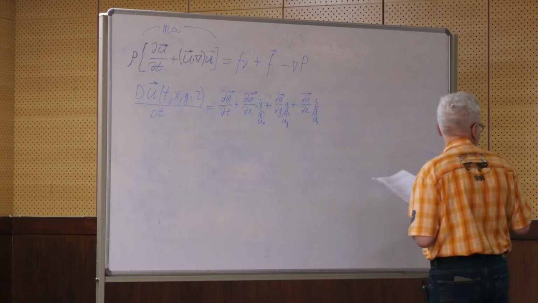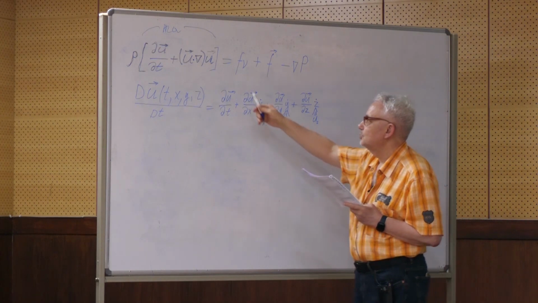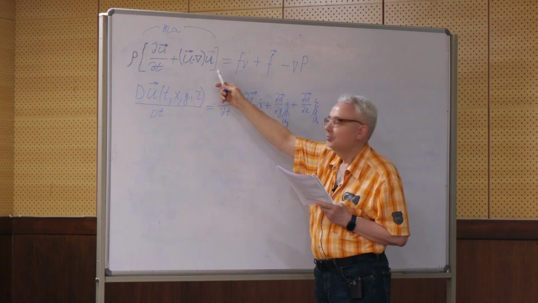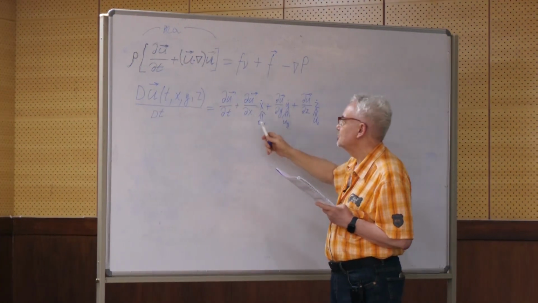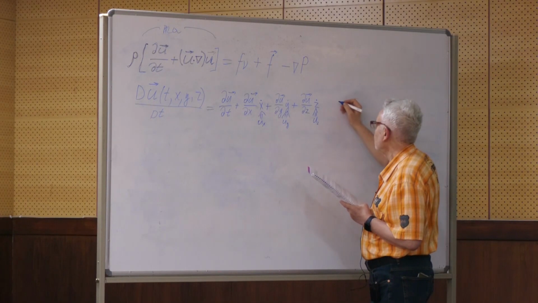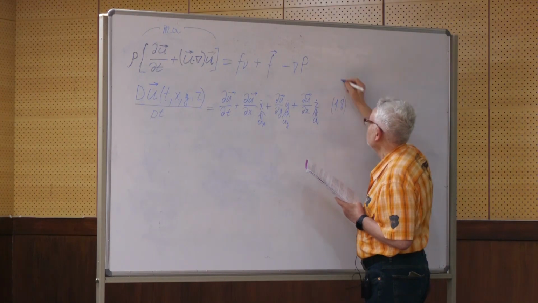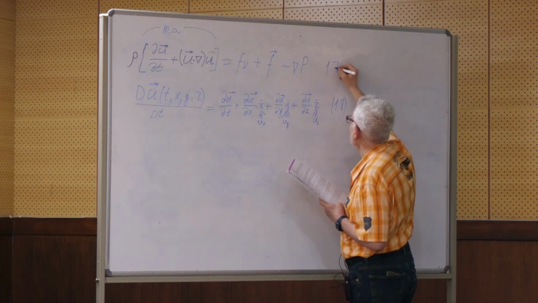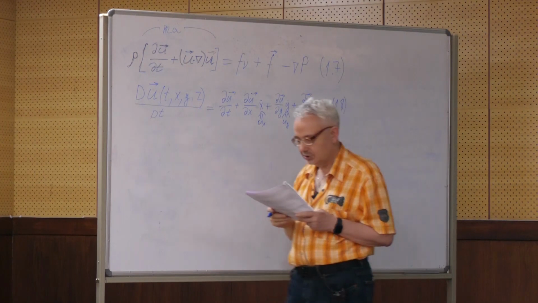So, not writing this lengthy formula, we see that it's just by definition this term, because here in the Cartesian system we have all these components which appear in the proper position. So this is formula 1.8 and this is formula 1.7. So we have such a result.